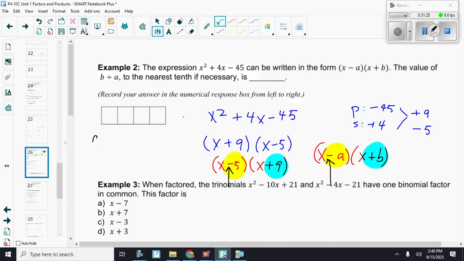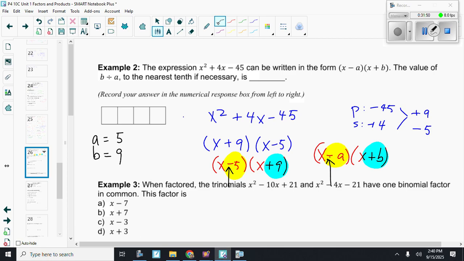So my a here is 5 and my b here is 9. Why didn't I say my a was negative 5? Because it has a negative in front of it. Why did I get to choose to drop the negative? Because it already took care of the negative for me.